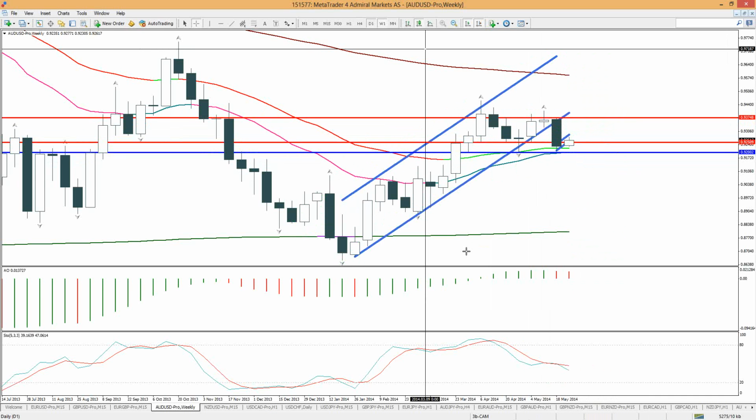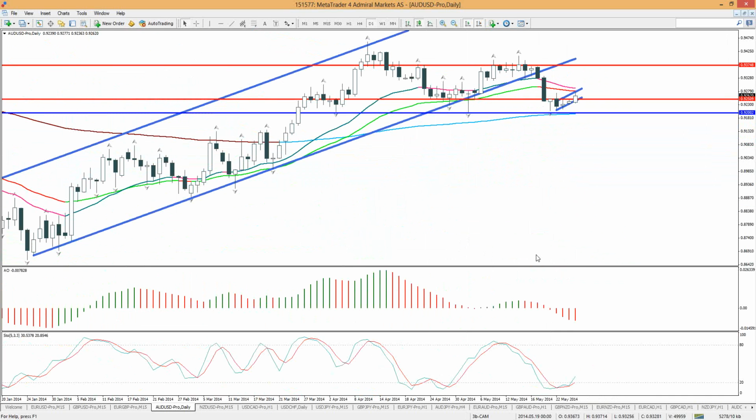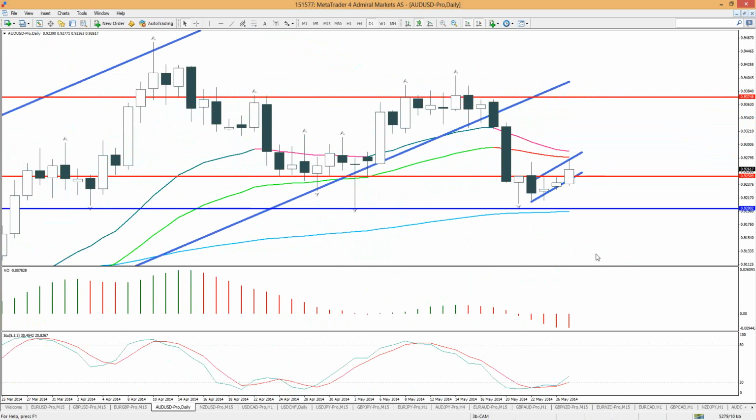Daily chart. Basically the same as the euro. Remember, we saw the downside on the euro, the weekly bearish candles on the euro, but the daily bullish candles. We had the same here as well, right? Because today's candle broke yesterday's high. Doesn't mean, though, that today couldn't end up with a bearish candle.